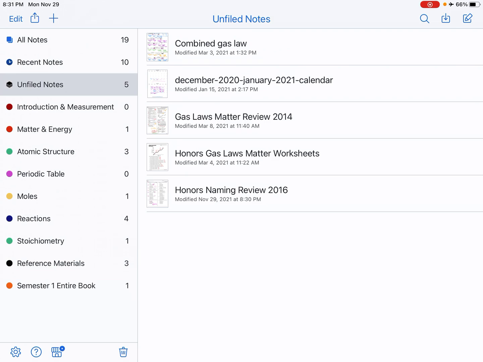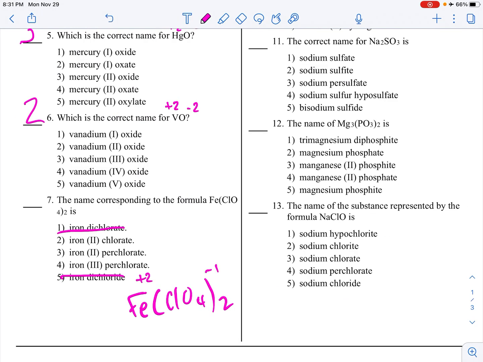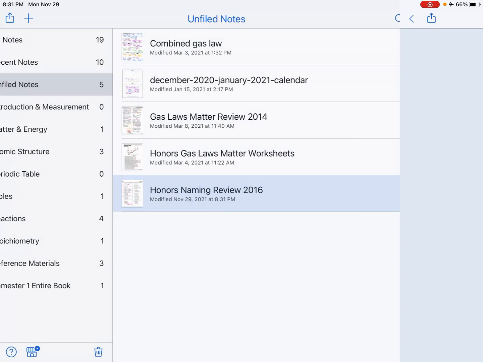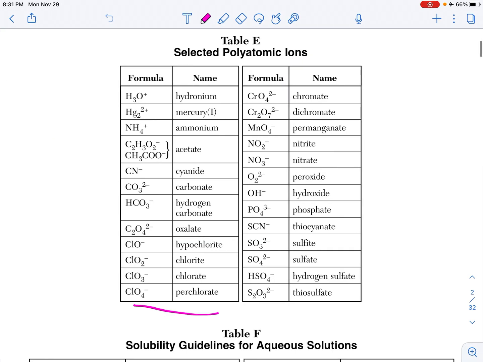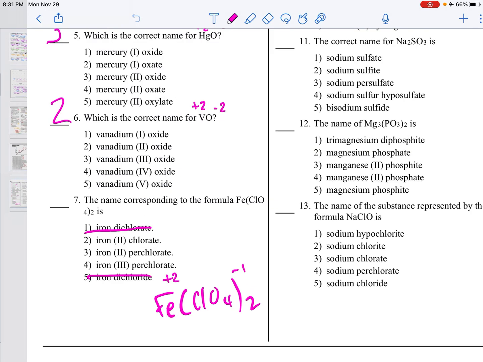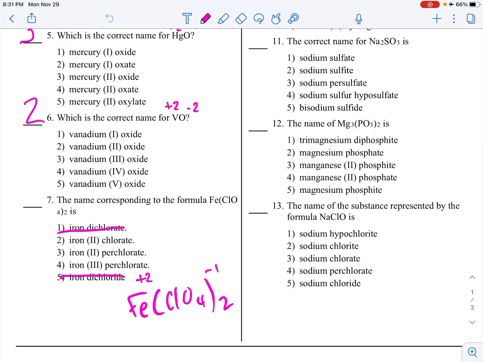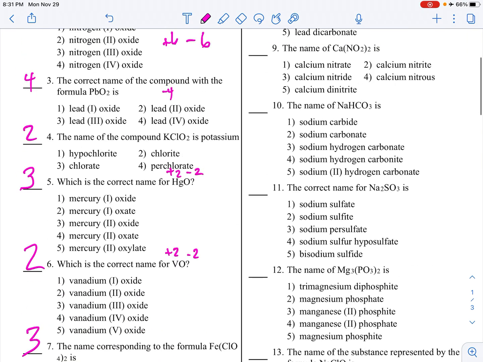So if this is a -1, this has to be +1. So iron +2, and that is chlorate. Isn't it chlorate, or did I say perchlorate? Gosh darn it, I forgot. Perchlorate. So it's iron Roman numeral 2 perchlorate.